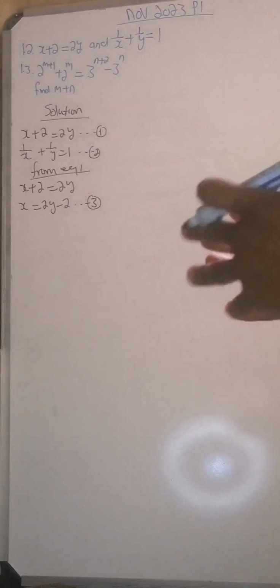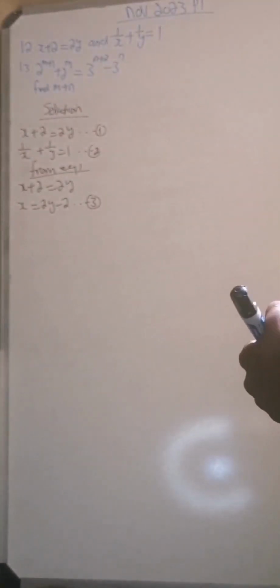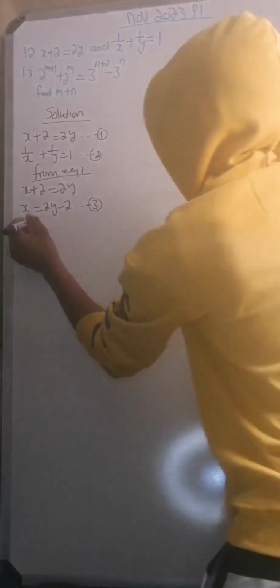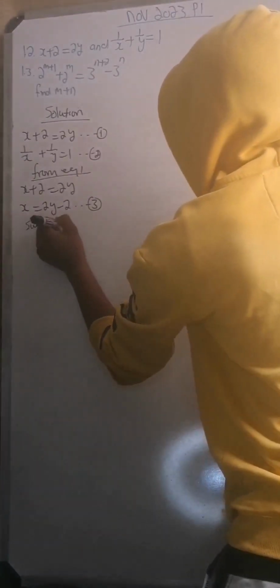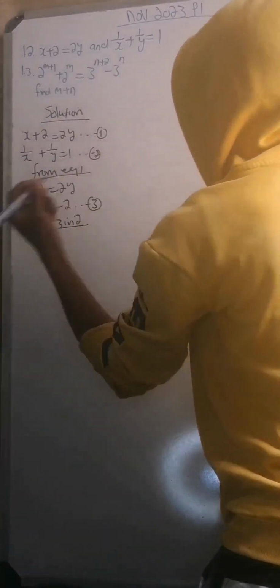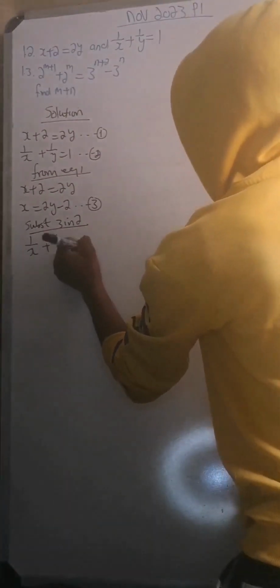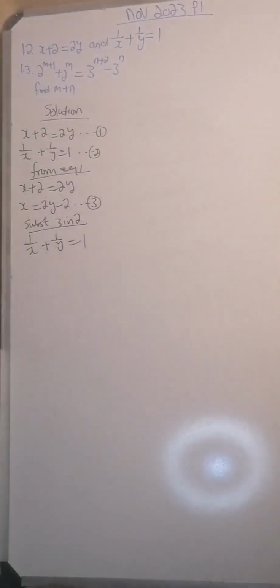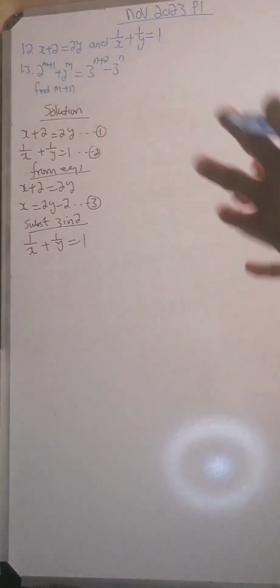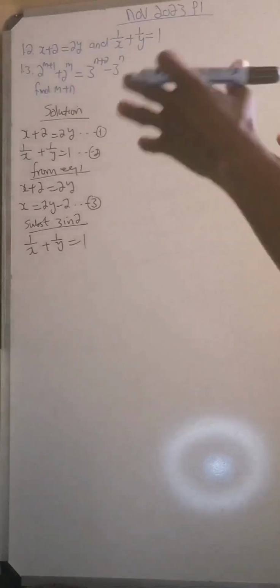Now I'm going to take equation 3 and substitute into equation 2 because I haven't done anything in equation 2. So the first step is to write equation 2. I will substitute 3 in 2. Write down equation 2: 1 over x plus 1 over y equals 1. This is the standard procedural way of looking at things.